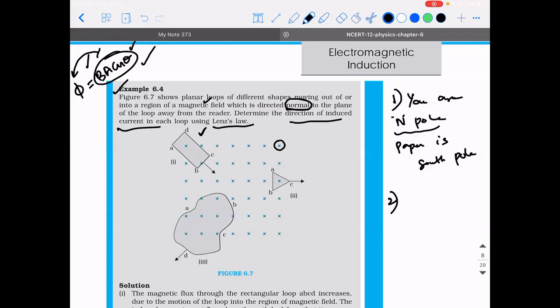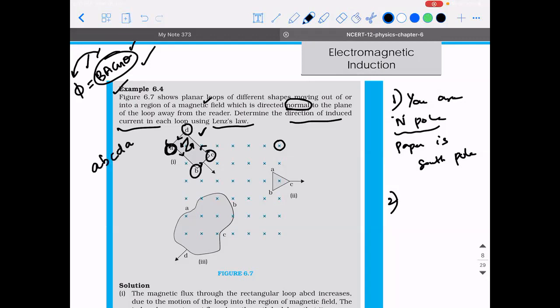So for this North pole, current will be in which direction? Anticlockwise. I have already drawn the arrow marker. So the direction of induced current is A, B, C, D, A.